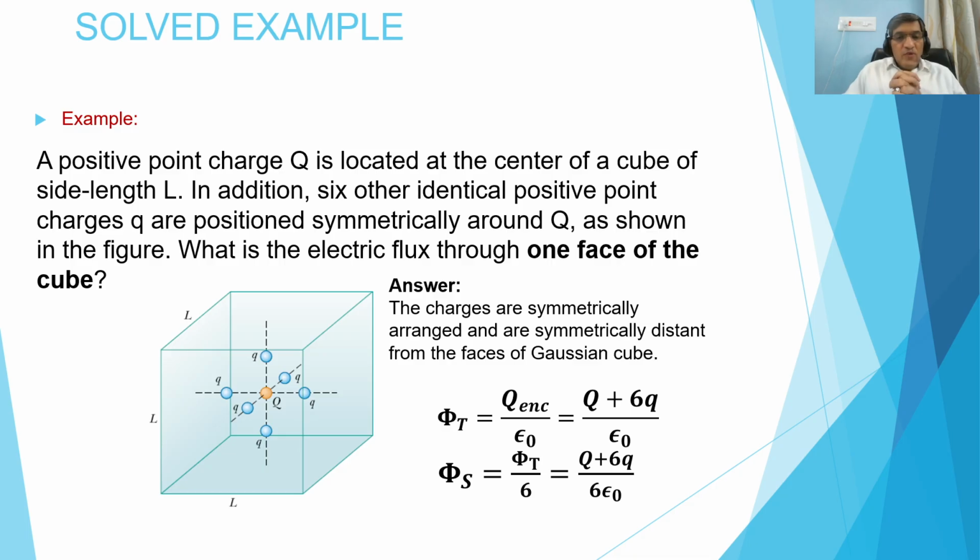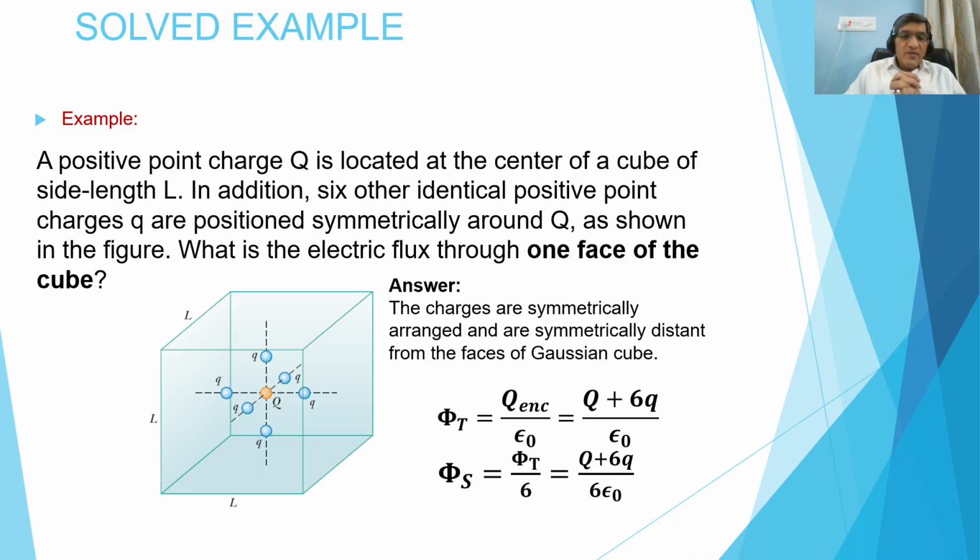First of all, to calculate the electric flux, we have to find the total charge enclosed, as we know very well. So let's calculate the total charge enclosed inside the cube. We have two types of charge. We have 6 small q charges, as you see in the figure, and we have a capital Q charge which is placed at the center point.